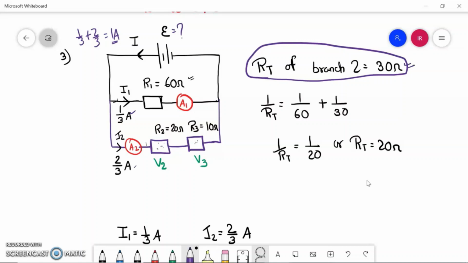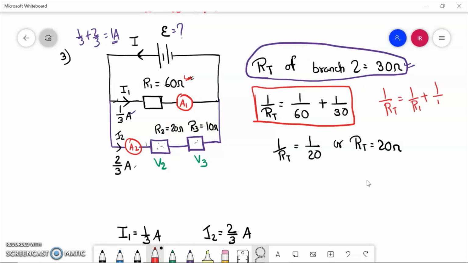Once I know the total resistance of branch 2, now I can use my formula for finding the resistance in a parallel circuit, which is 1/RT equals 1/R1 plus 1/R2, where R1 is 60. The R2 here represents the total resistance of branch 2, not any individual value.